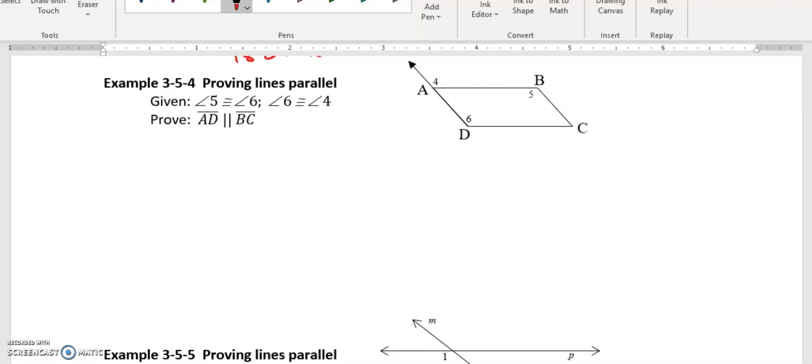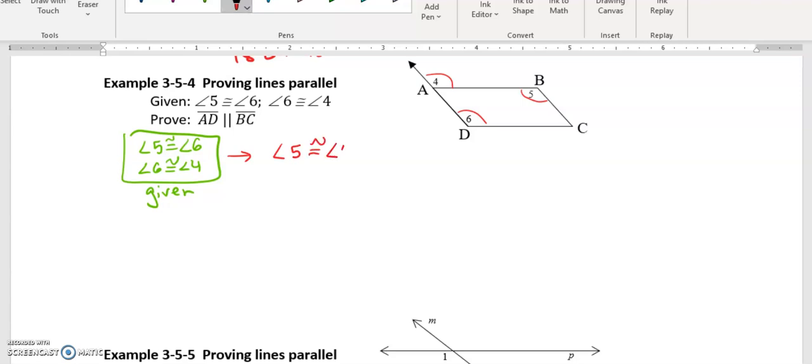I didn't make a two-column proof here. Mark are given. We know that this angle and this angle are congruent. We know this angle and this angle are congruent. So write out are given. And that leads us to that angle 5 is congruent to angle 4 by transitive.